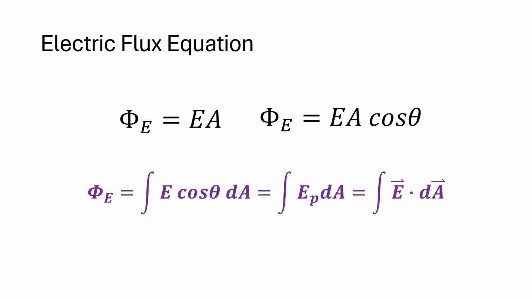That is the phi sub E equals EA. No, the E here represents the electric field, and that is assumed to be uniform, times the area of the surface where we are after of in computing the electric flux.